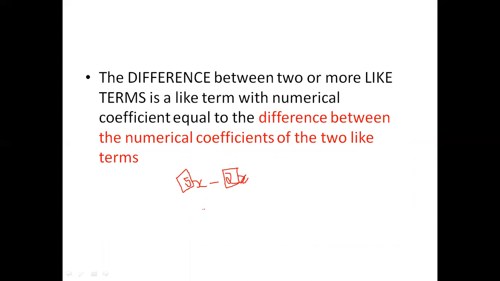So on subtracting 5 minus 2, I will group both the like terms together, multiplied by x, because it is 5x and 2x.